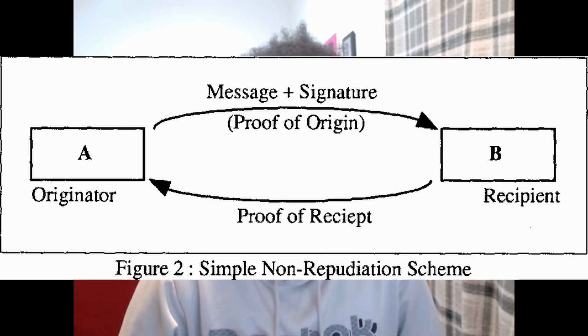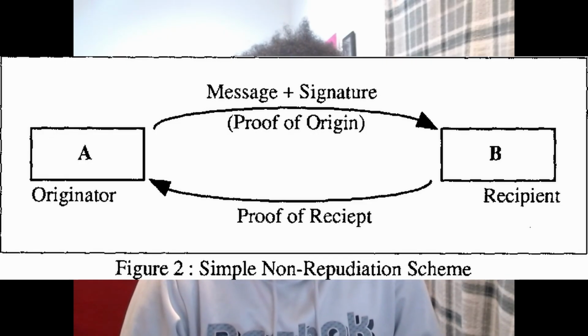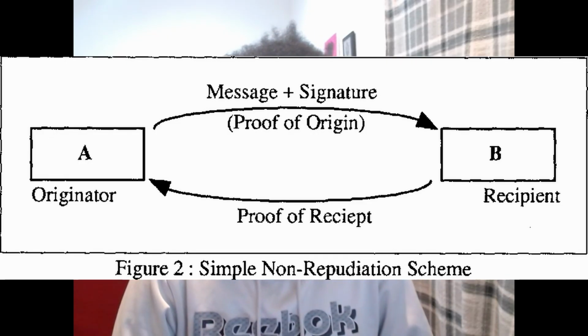It provides proof of origin and integrity, making actions verifiable and irreversible. For example, when a customer makes an online purchase using a digital signature, the merchant can verify their identity through the customer's public key. Once the transaction is signed, the customer cannot later claim they didn't authorize it. The merchant has a verifiable record of the action.